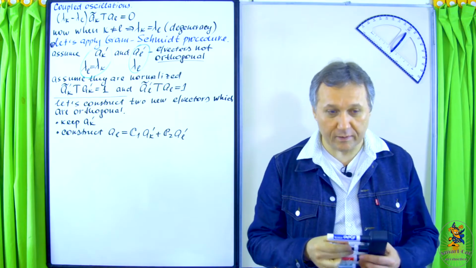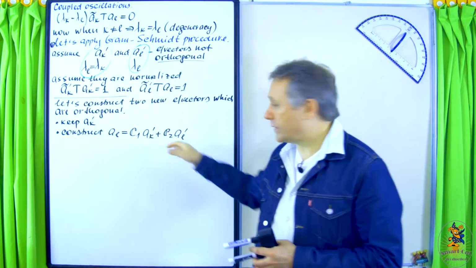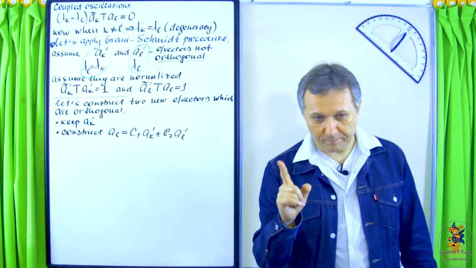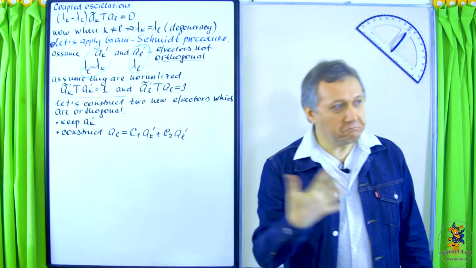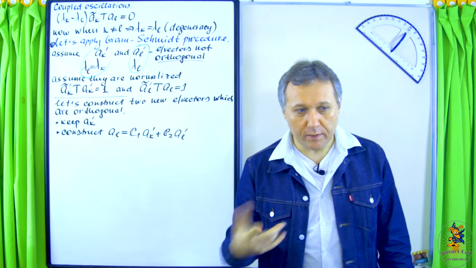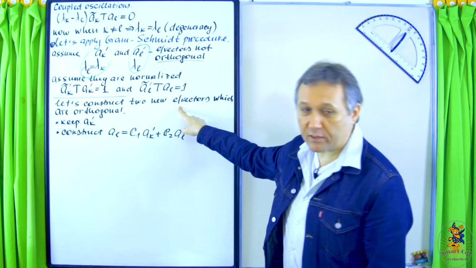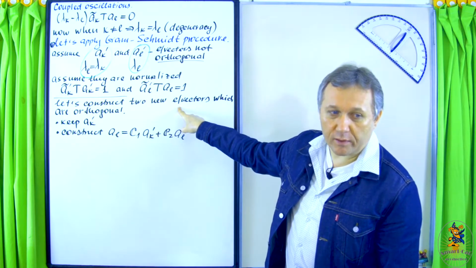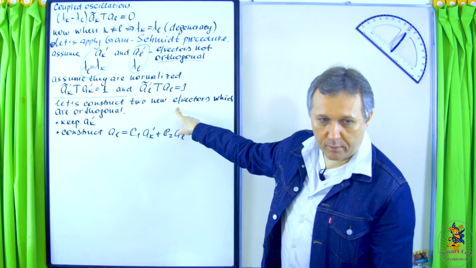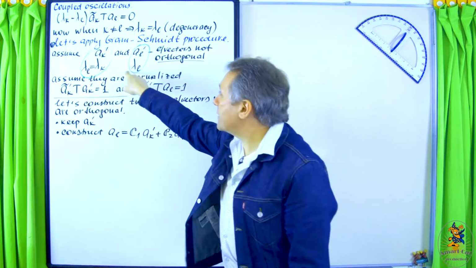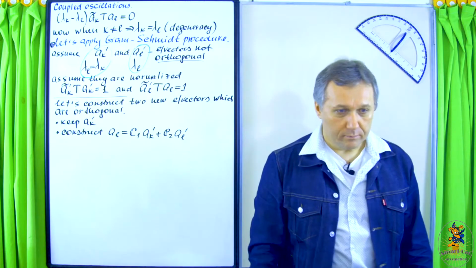But before we start finding C1 and C2, what do we have to check? Just to be safe, again, you remember we want to get not just any vectors, we need to get eigenvectors, with this eigenvalue lambda L, right?